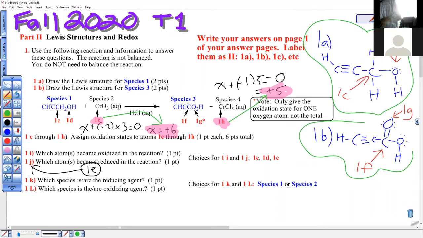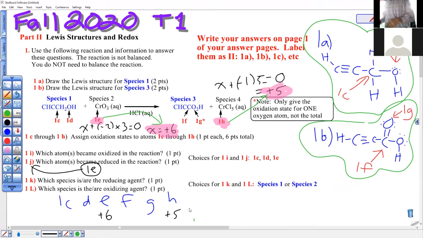Now to quickly get through the oxidation states on your exam sheet, go 1C, D, E, F, G, H. And I'm going to circle this when I'm done. We haven't done C, D, but we did E, it's +6. And we did H, it's +5. We're about to do C, D, F, and G. When we're done, I got to make sure this is all in a circle.